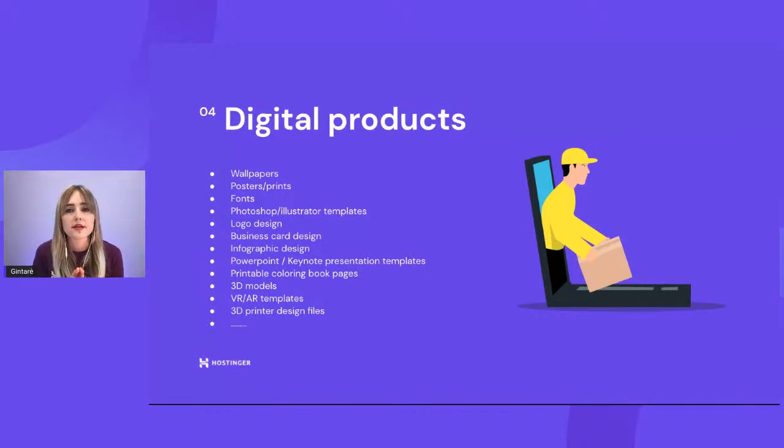Digital products are basically intangible assets or media that can be distributed online without any need to manage the physical inventory. So it only exists online, such as wallpapers, posters, fonts, templates, and so on.